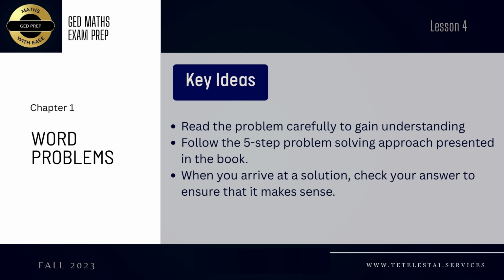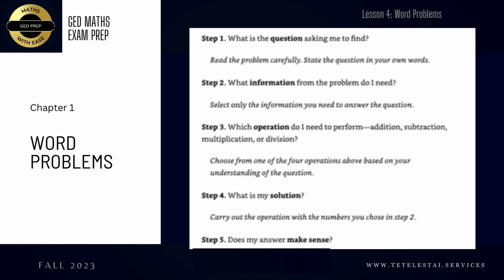So the first step is that you want to ask yourself, what is the question asking me to find, right? So read the problem carefully and state the question in your own words. And that's a great way to get past the nerves. Okay, you've read the question. How would you explain that question to your sister or a friend?